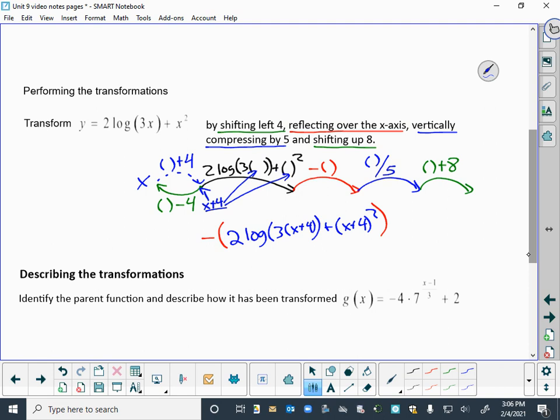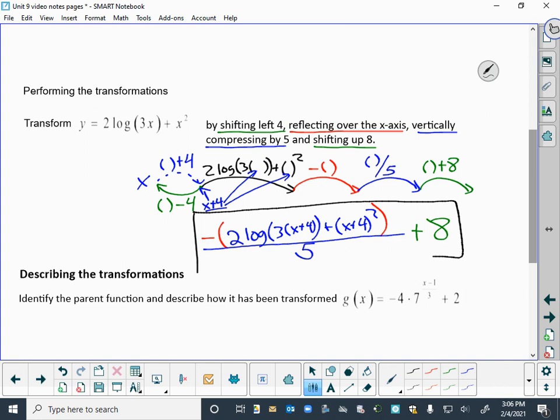The blue arrow says divide all of that by 5. Okay. That is the output of the blue arrow. It is the input of the green arrow. The green arrow says take all of that and add 8 onto it. Okay. And this then is my transformed function.